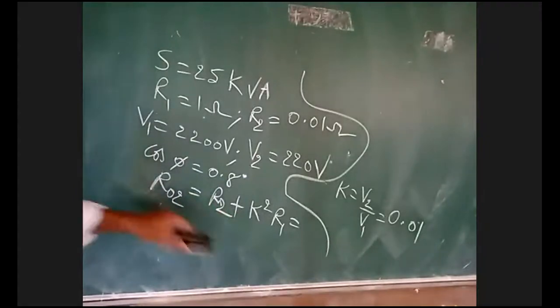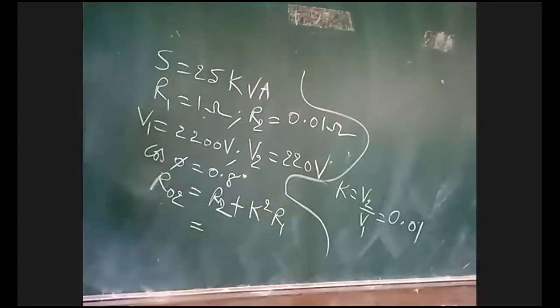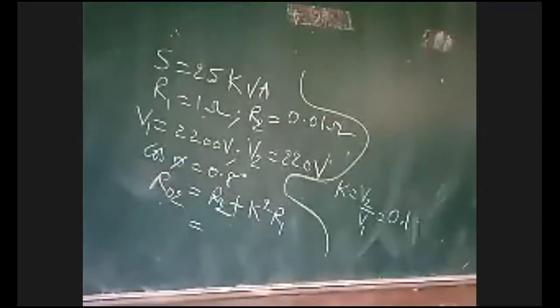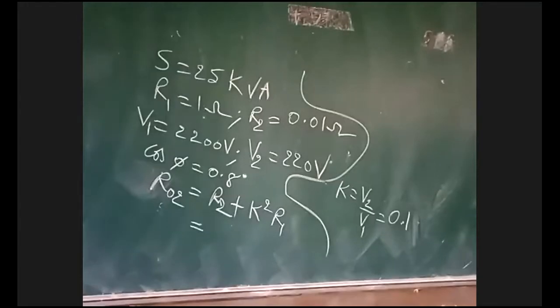Now substitute here, we'll get R02. Take K is 0.1. R02 is 0.02.